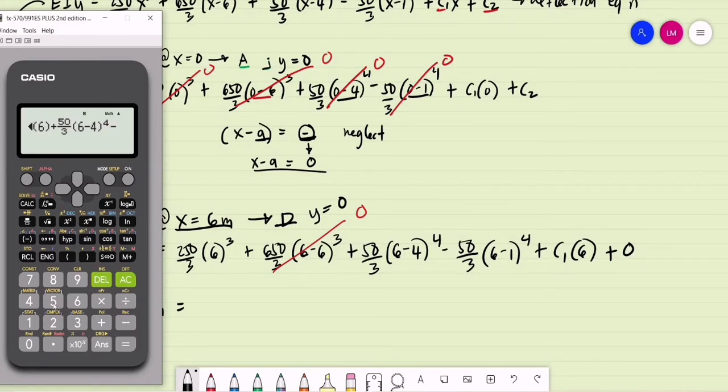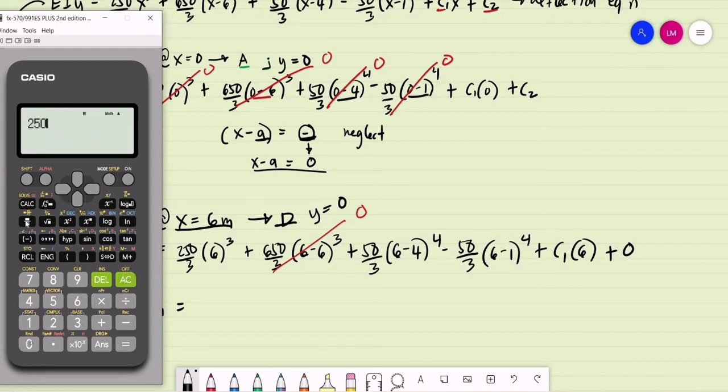Then minus the 50 over 3. This is multiplied by 6 minus 1. And this is raised to 4. And to be divided by 6. So we double check.